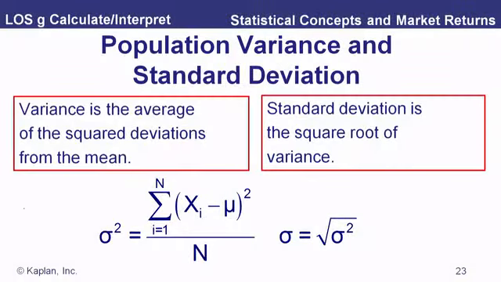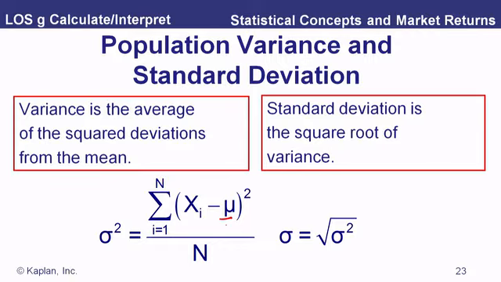Speaking of variance, standard deviation is simply the square root of variance. And we write standard deviation as the Greek letter sigma, lowercase sigma, and variance is sigma squared. And we write the true mean of a distribution as the Greek letter mu, lowercase, for the mean.